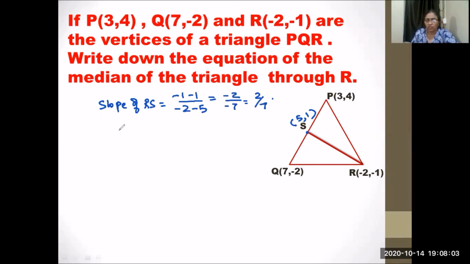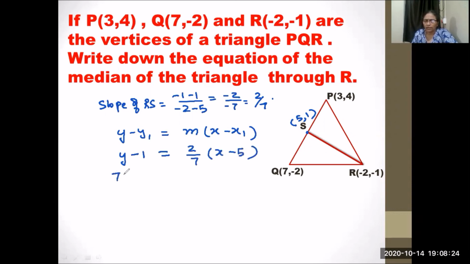Now the equation: y minus y1 is equal to m into (x minus x1). Any one of the points can be taken, either R or S. So I'm taking S. y minus 1 is equal to m, which is 2 by 7, into (x minus 5). Fine. 7y minus 7 is equal to 2x minus 10.